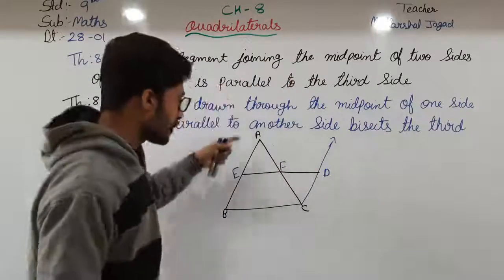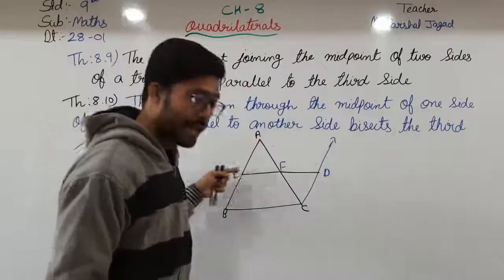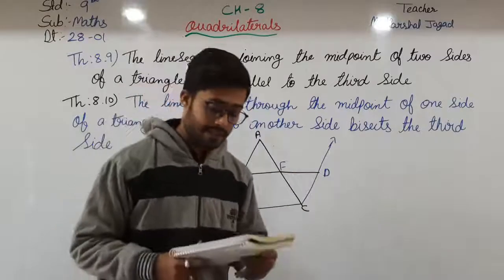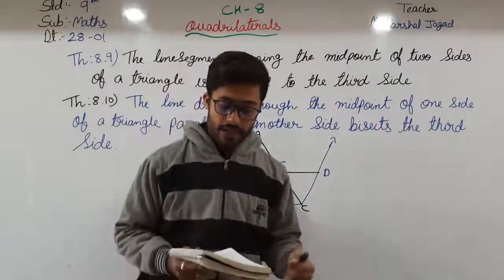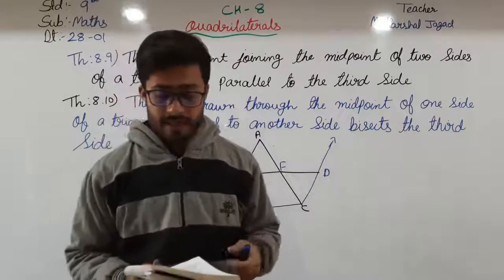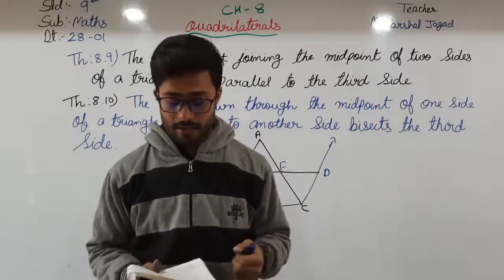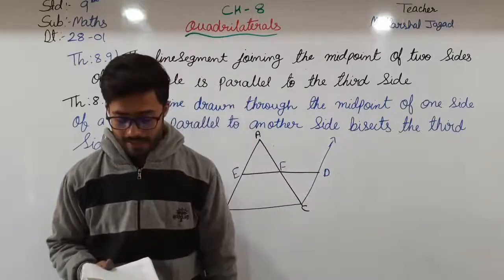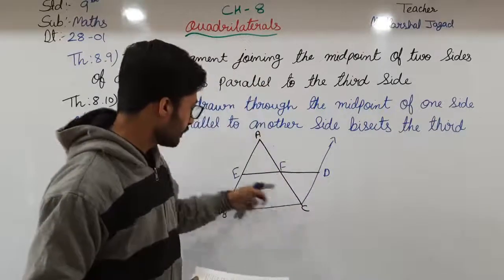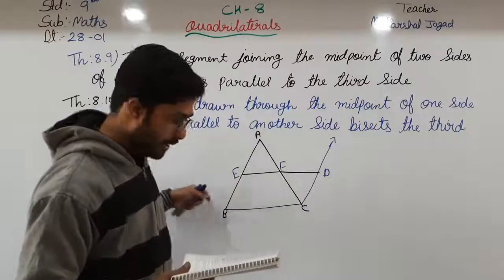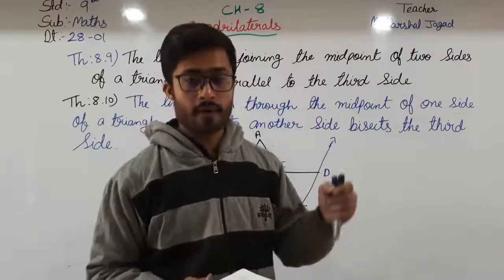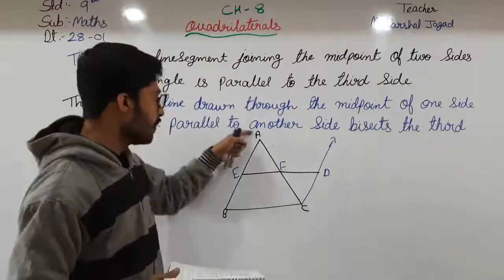You have to prove this theorem using the following clue, that is observe figure 8.25, in which E and F are the midpoints of AB and AC respectively, and CD is parallel to BA. So for that we have to find that CD is parallel to AB.